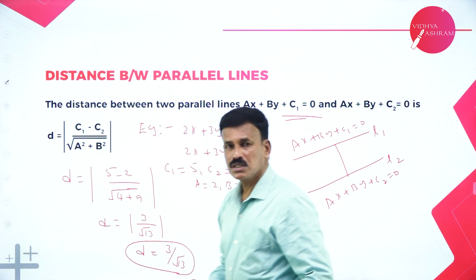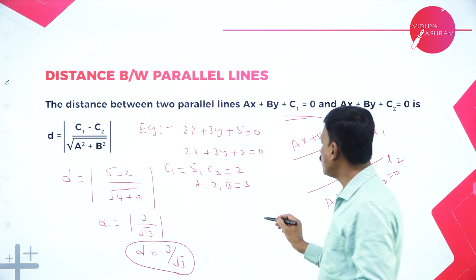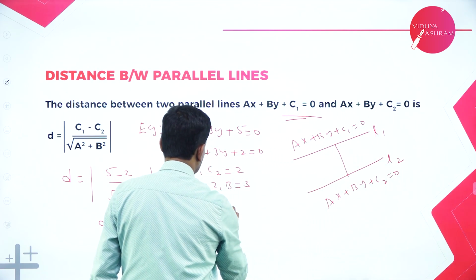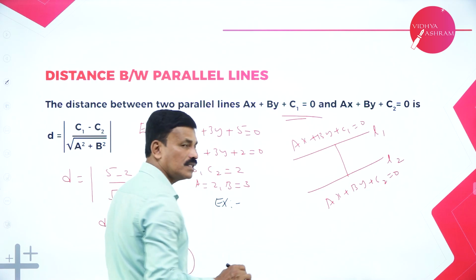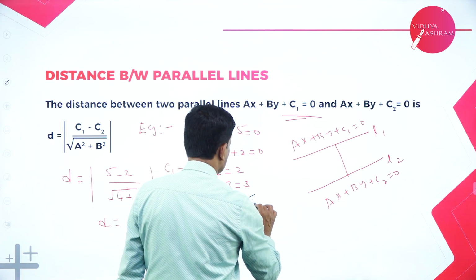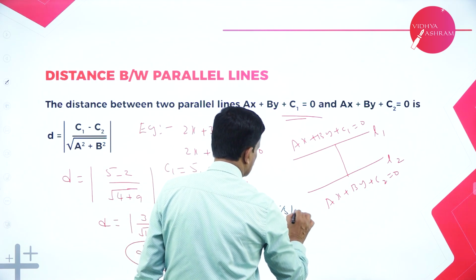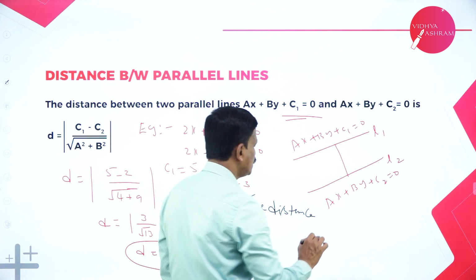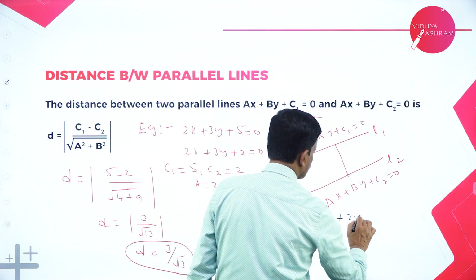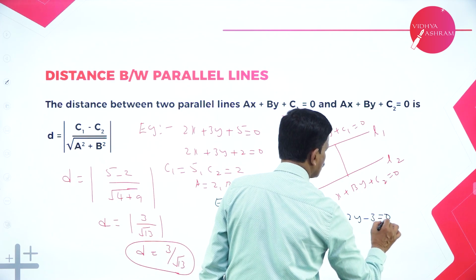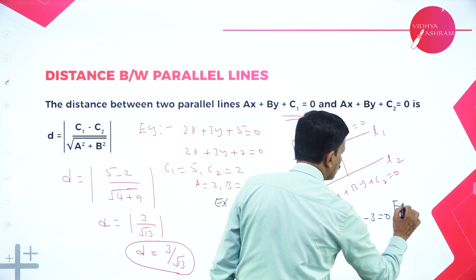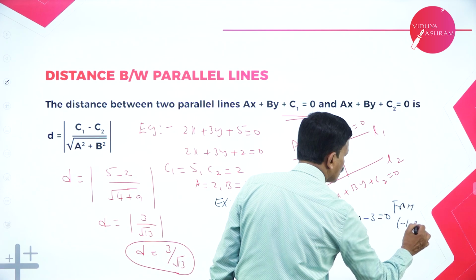Suppose one more example. Find the distance of the line x plus 2y minus 3 is equal to 0 from the point minus 1 comma 3.